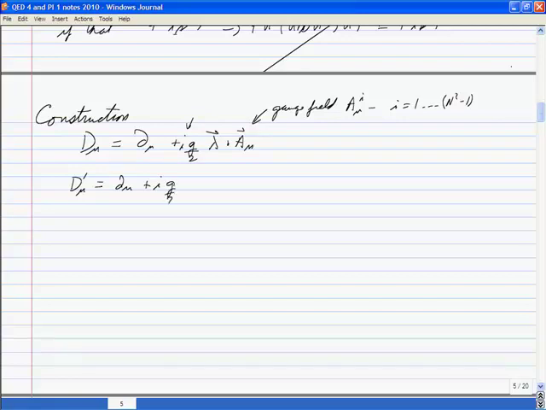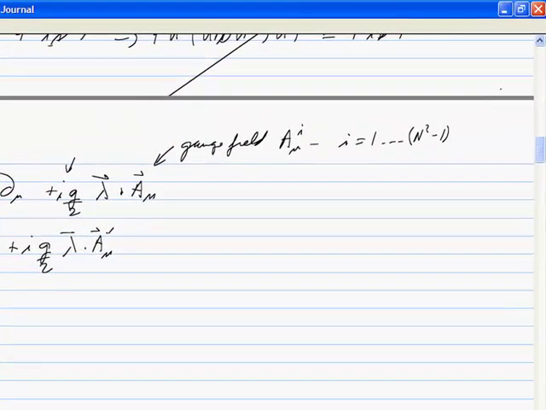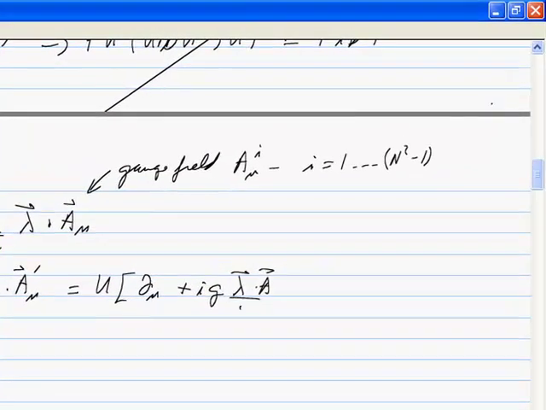It's i g over 2 lambda dot A mu prime. We want this to be equal to U d mu plus i g lambda dot A mu over 2 U dagger.